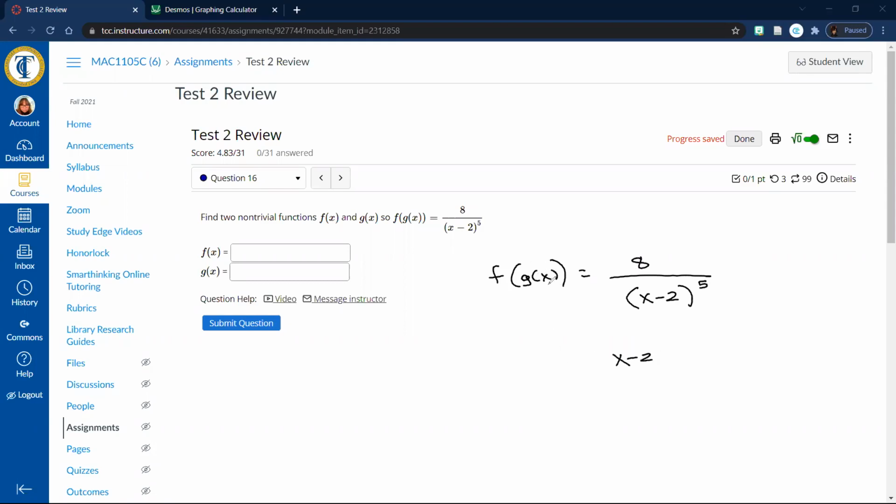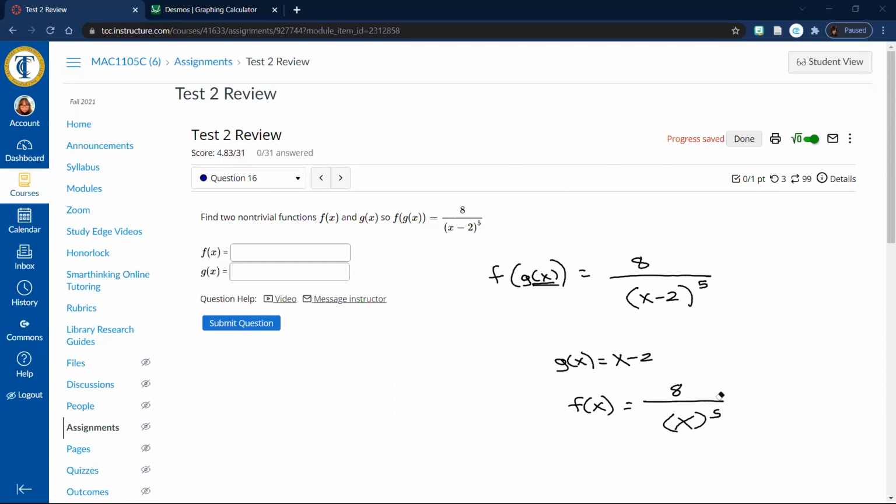And what we're going to do is say that that's what we plugged in. So our g of x is equal to x minus 2. If we pull out that x minus 2, what we're left with is this. And whenever you have something empty, throw an x in it. And that's what you're left with. So that's what your f of x is.